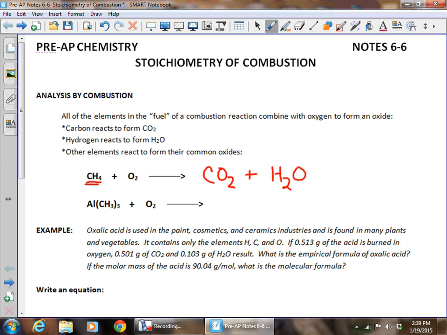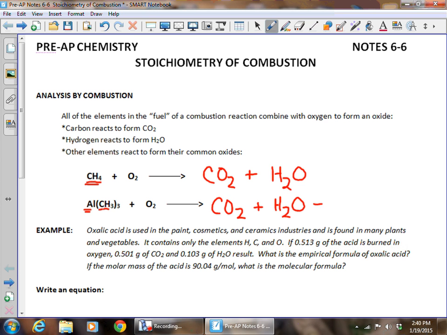Now we're going to extend the definition of this to say that if you have other types of fuels than those that just contain carbon, hydrogen, and oxygen, then you're going to form an oxide of every element in that compound. So in this case, we would form not only the CO2 and the H2O because there's carbon and hydrogen in this particular fuel, but we're also going to form an oxide of aluminum.